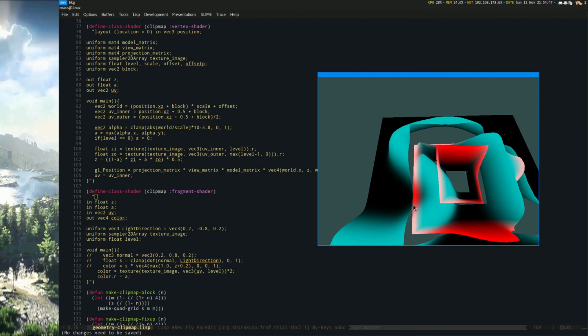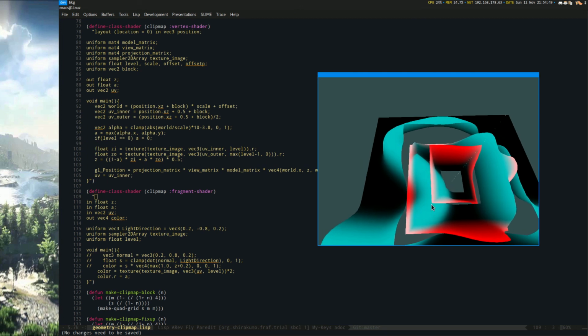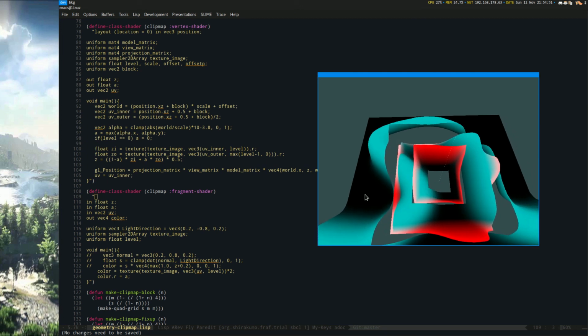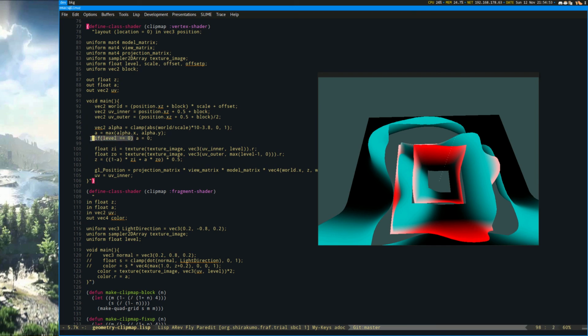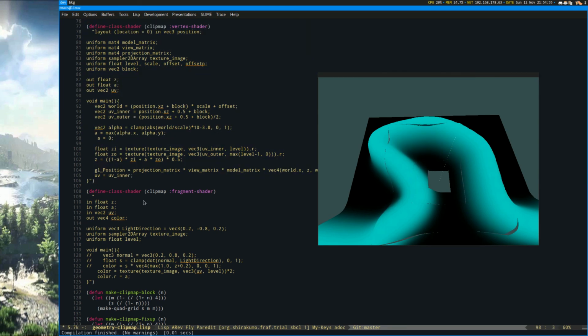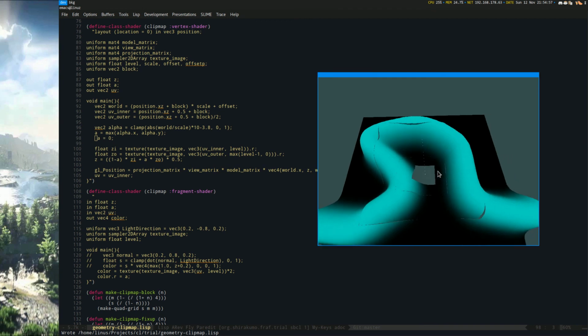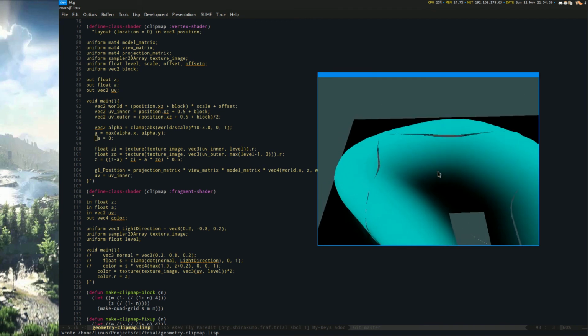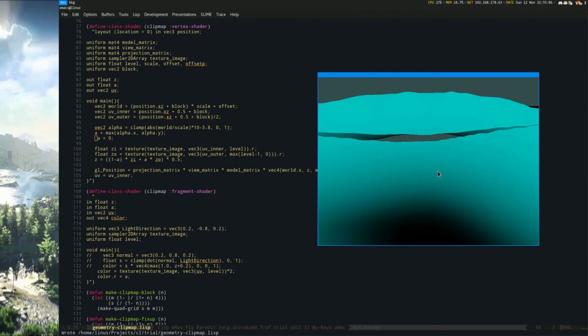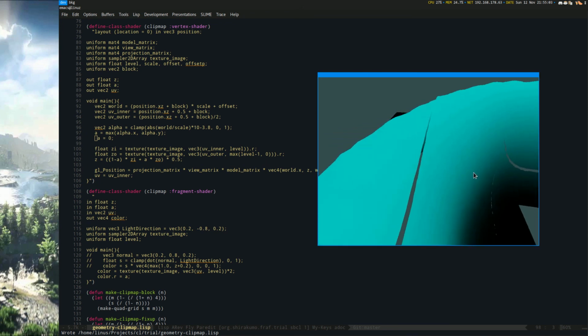I mean, at least we see that the actual textures themselves are fine. So if I do this, yeah, that's fine. Mostly. Why is it that big?